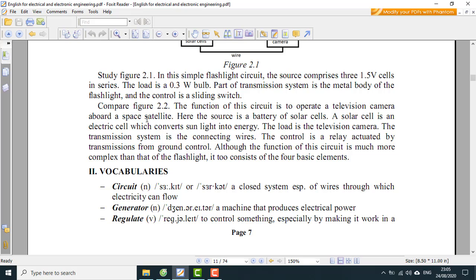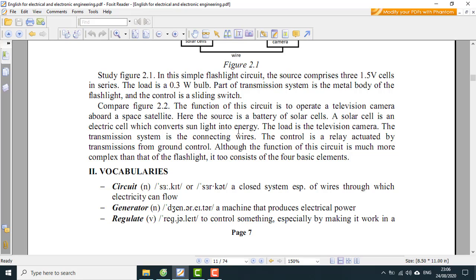Compare Figure 2.2. The function of the circuit is to operate a television camera aboard a space satellite. Here, the source is a battery of solar cells. A solar cell is an electric cell which converts sunlight into energy.